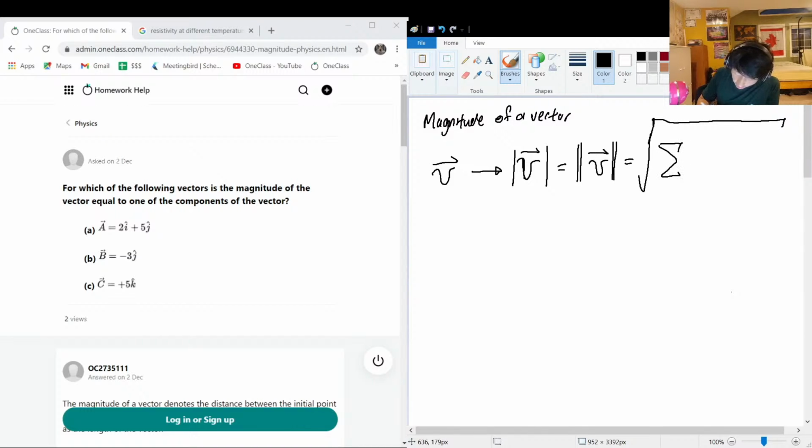Now I'm going to write the general equation, but generally you're probably only going to see 2 or 3 dimensional vectors. You want to have all of the v terms, v of i squared, and add them all up. So this is a general equation.